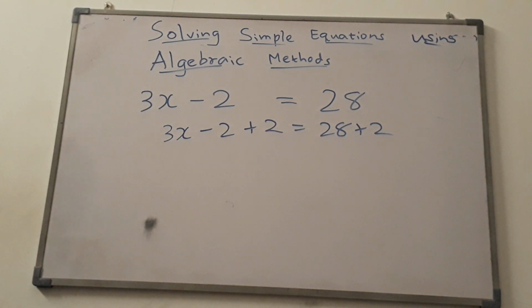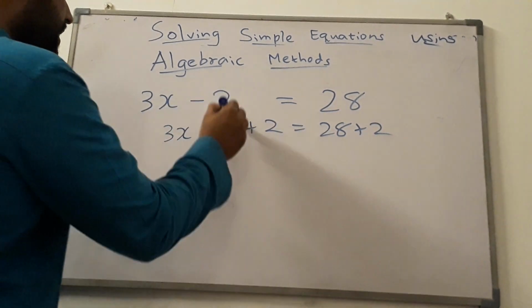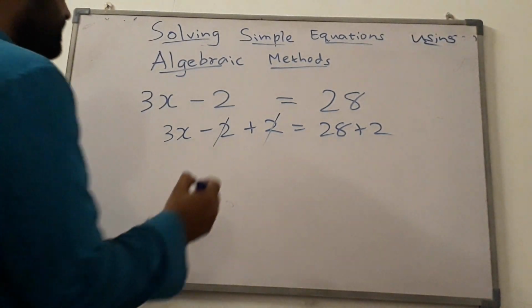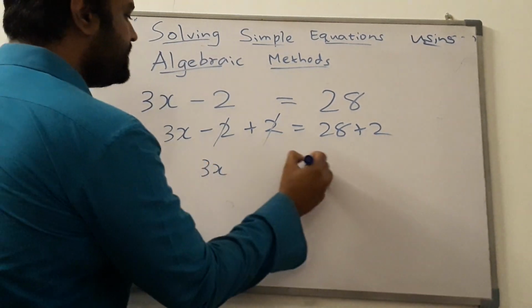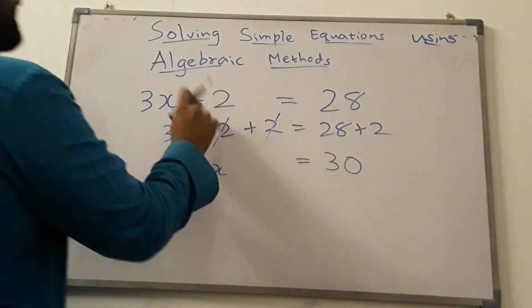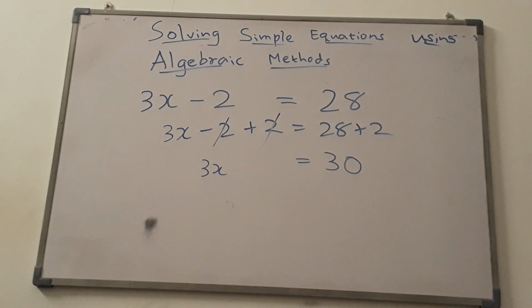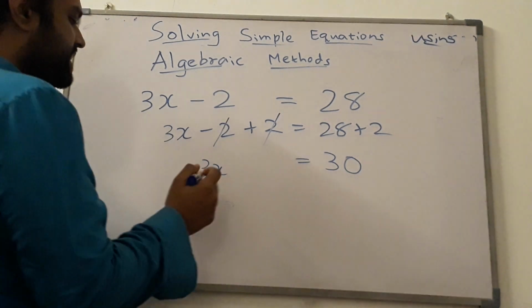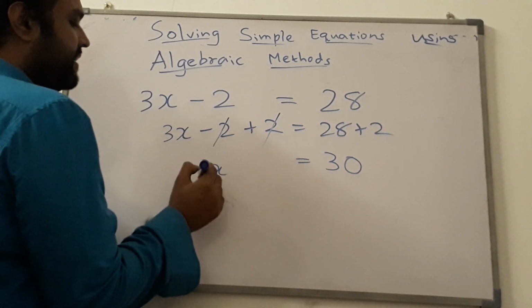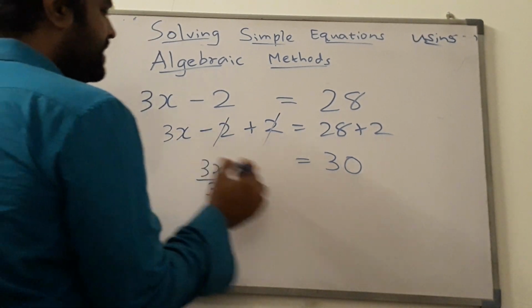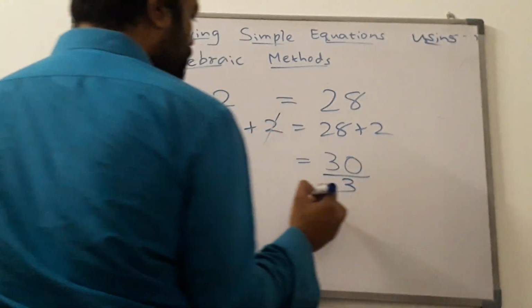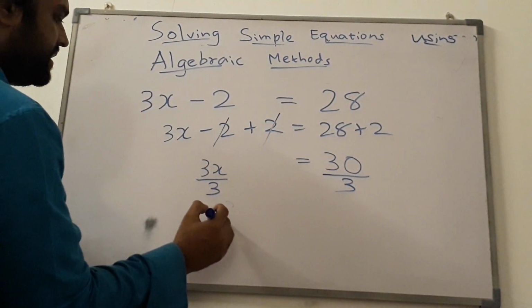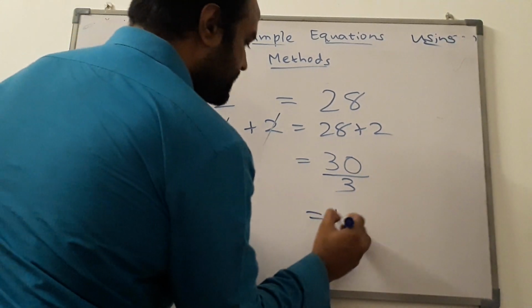So minus 2 and plus 2 get cancelled. 3x equals 30. Once the term which is deducted or added is removed, then we can do the division part. Now we can remove 3. Hence we divide the left hand side by 3, and the right hand side by 3. So x equals 10.